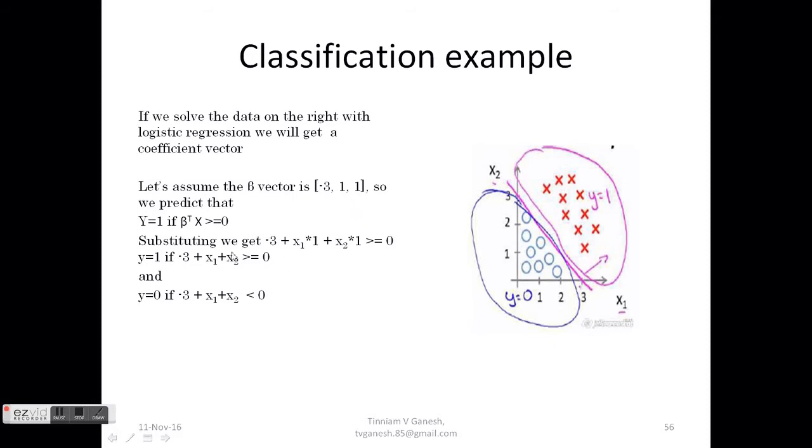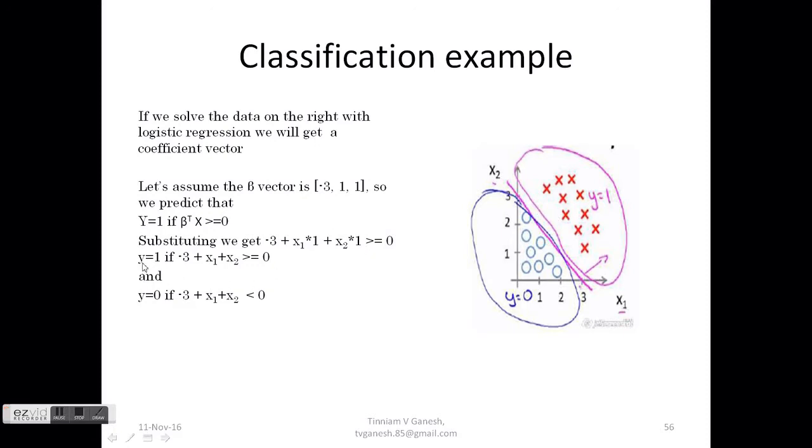So if we substitute it in this equation, it means minus 3 plus x1 times 1 plus x2 times 1 is greater than 0. We get this equation. So when this equation is greater than 0, then our logistic function would asymptote to 1, y is equal to 1.